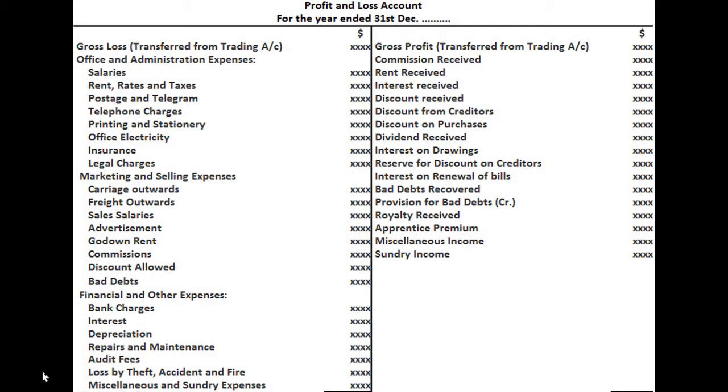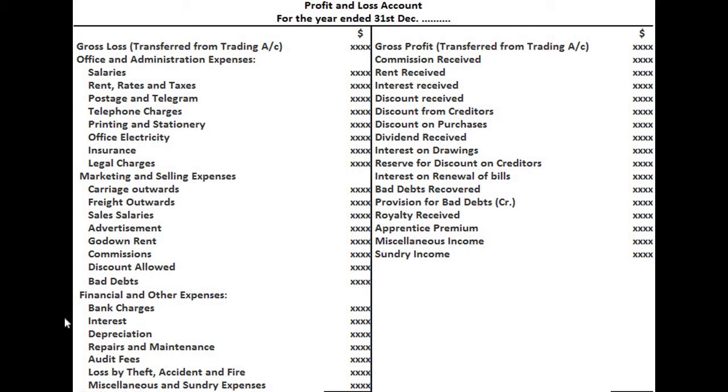Non-operating income is not earned from the routine operation of the business. Examples are profit on sale of any fixed asset, or if there is any refund. So these are the incomes related to the operating and non-operating activities of the business, shown in the profit and loss account.